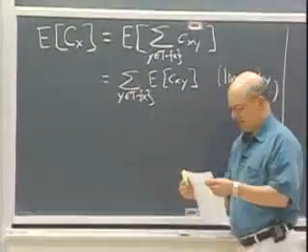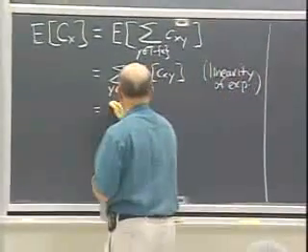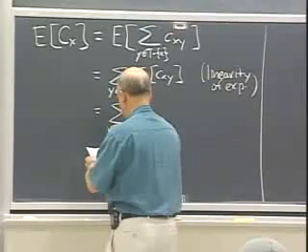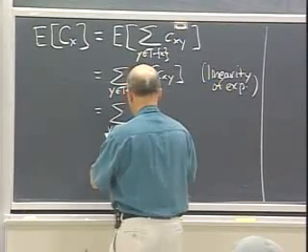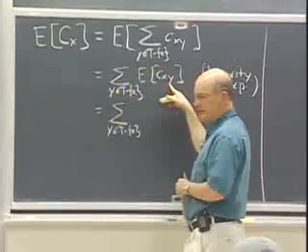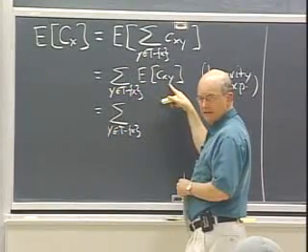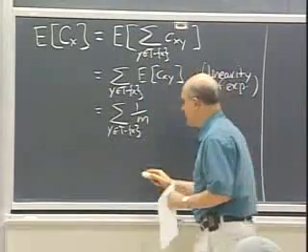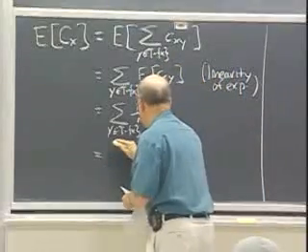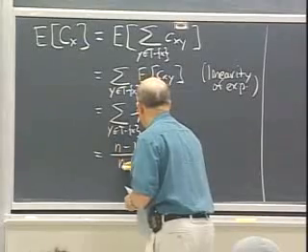And that's equal to, and now the math gets easier, so what is that? 1 over m. That makes the summation easy to evaluate. That's just n minus 1 over m.